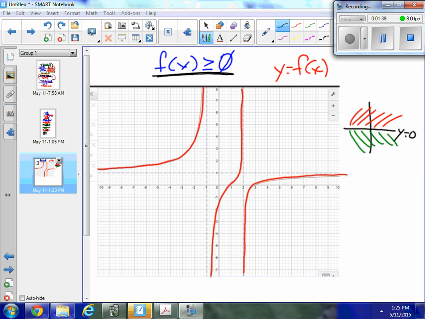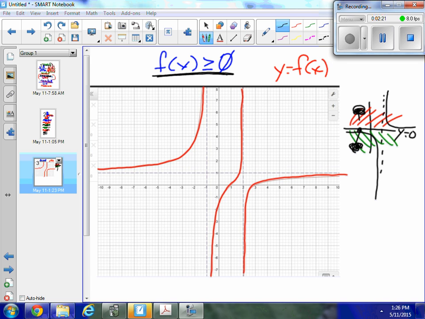So I'm going to start by dividing my graph into intervals, because the only places that I can switch from positive to negative or negative to positive are either where I'm crossing the x-axis, so I have a 0, or if I have an asymptote, because it's not uncommon for a graph to go like that and follow the asymptote, but then on the other side of the asymptote to jump and become positive. So it's an asymptote or a 0 that are the only spots where I can make those changes.